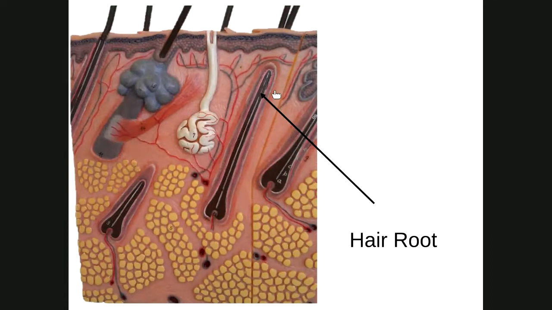So now we're underneath the skin, and we refer to that as the hair root. In this picture here, that is a cross section of the hair, and that is the hair root.